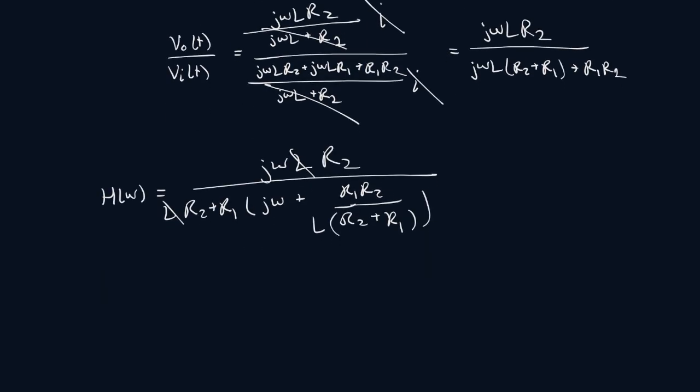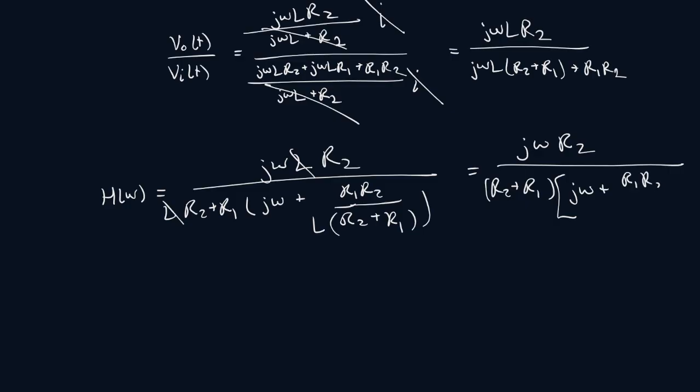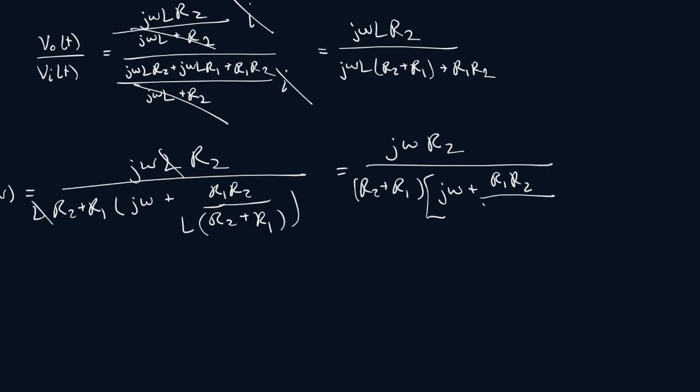Sorry, it looks a little messy, but let's tidy it up now. So JW R2 all over R2 plus R1, times JW plus R1 R2 all over L times R2 plus R1.